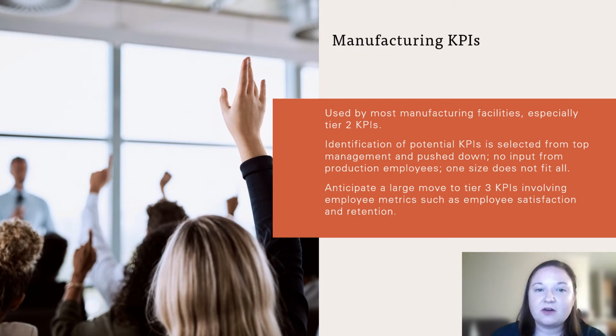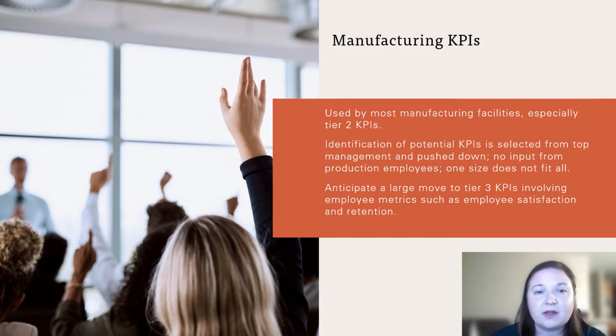Key performance indicators are used in most manufacturing facilities, but the methods of implementing, monitoring, and rewarding employees for meeting goals varies widely across industries. One of the steps in the 8-step process emphasizes the need to gather feedback from employees to best identify meaningful KPIs, yet in every company I've worked for, this has not been the case.